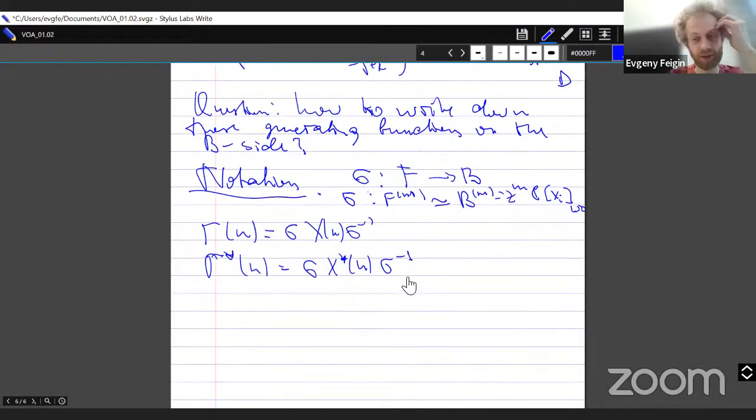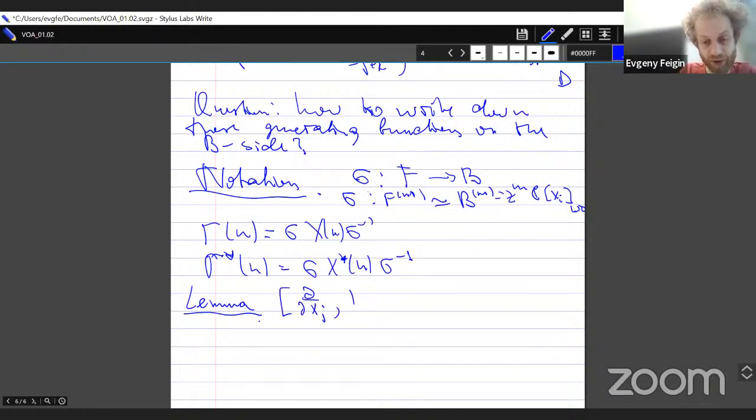Now, we want to compute this gamma of u and gamma star of u, and these are now operators on polynomials. So here is the following lemma, saying that if we take d over dx_j, commute it with gamma of u, then the result is going to be u to the j gamma of u.